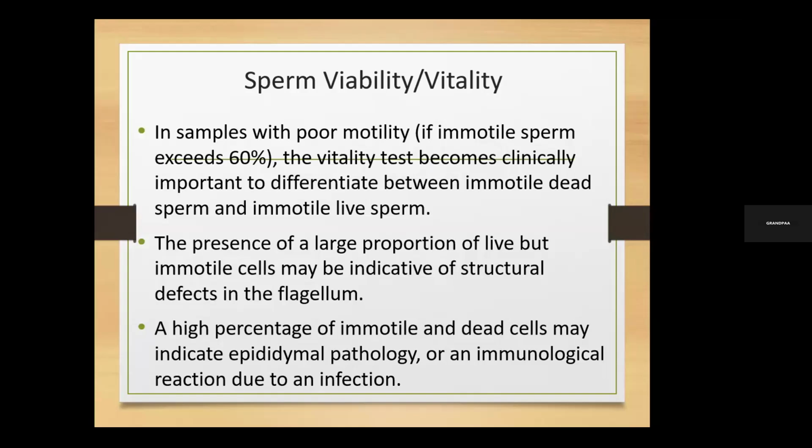So the presence of a large proportion of live but immotile cells may be indicative of structural defects in the flagellum. Okay, so they're saying that if you do the test and you see that a lot of them that showed immotility are actually alive, then it means that there was a problem with their flagellum, a structural defect in the flagellum.